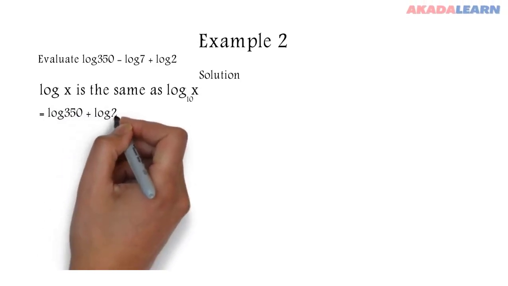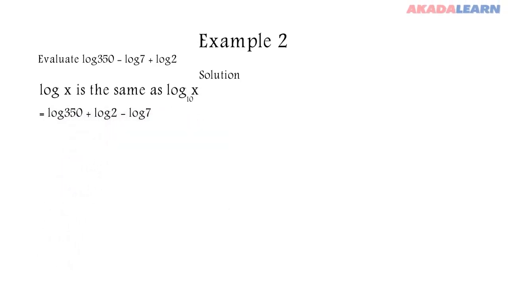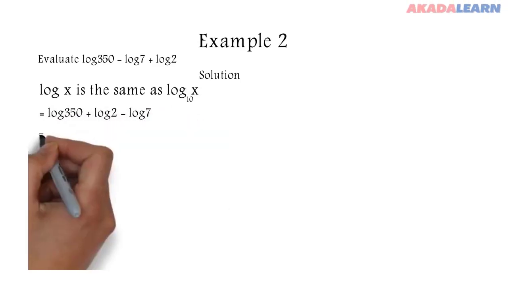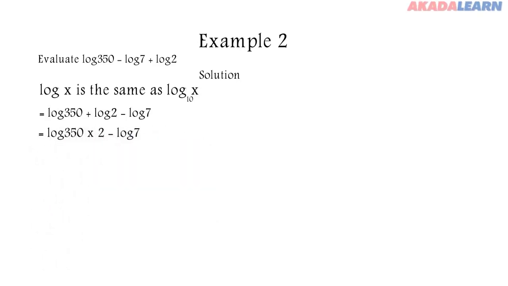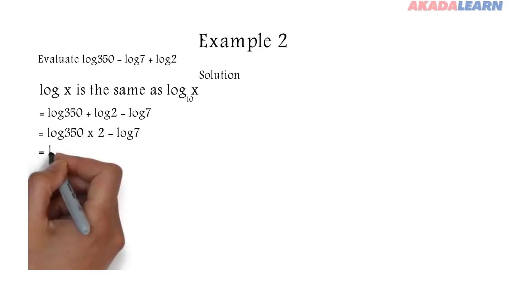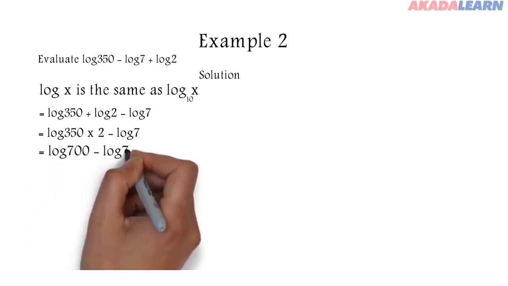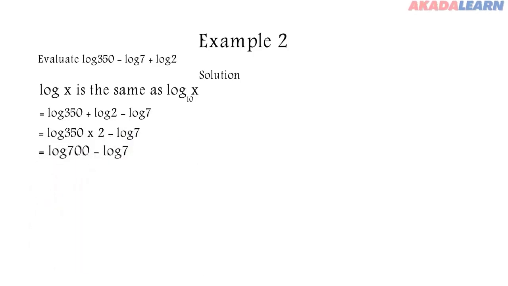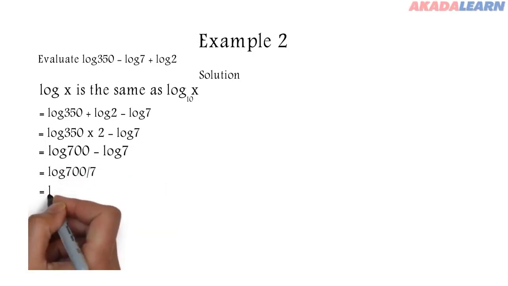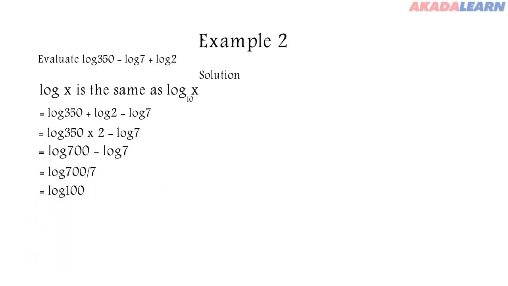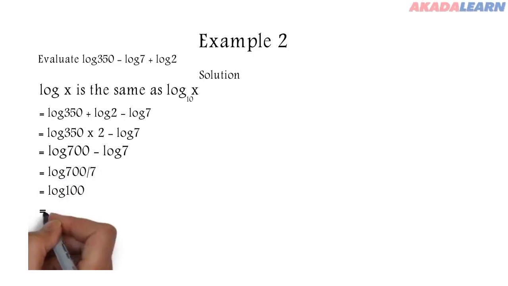So we are going to apply our BODMAS. Addition comes before subtraction, so we rearrange. So we'll apply the addition law to the first two terms. So now we have log 350 times 2 is 700. We'll now apply the subtraction law by saying log 700 divided by 7, which is equal to log 100, and log 100 is equal to 2.